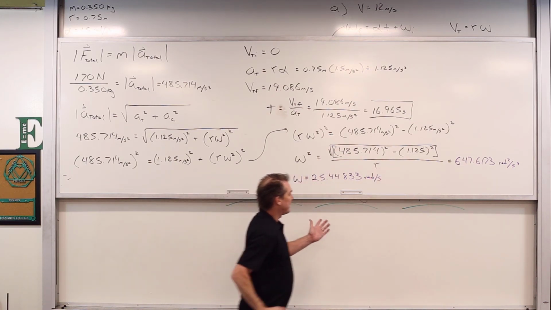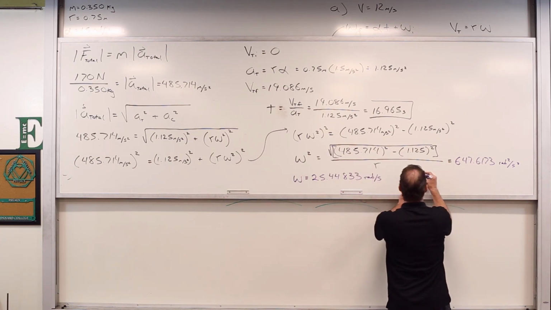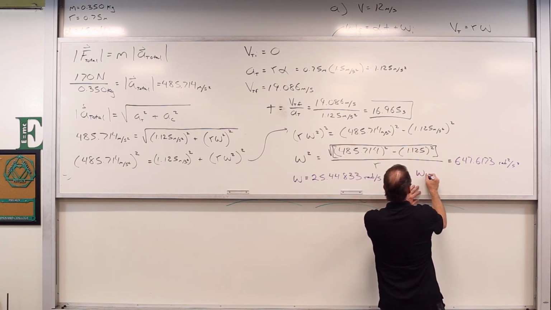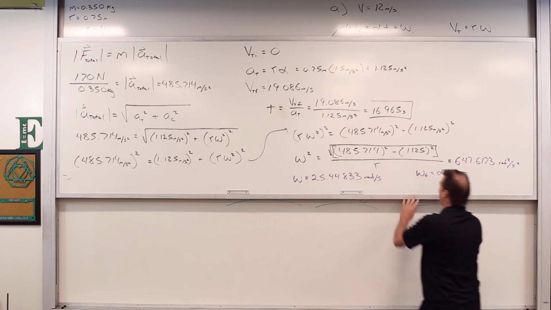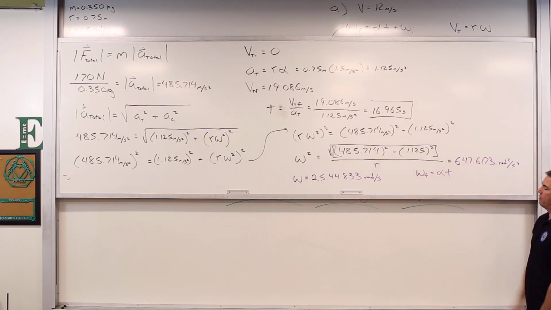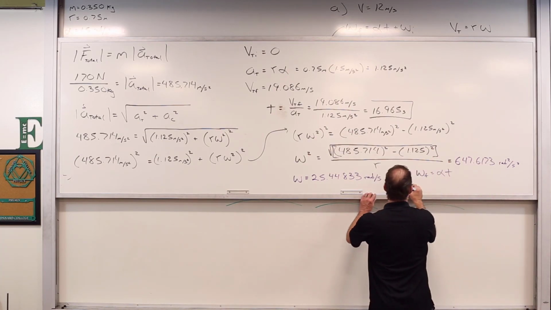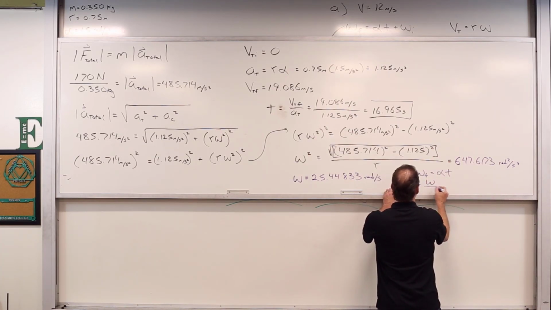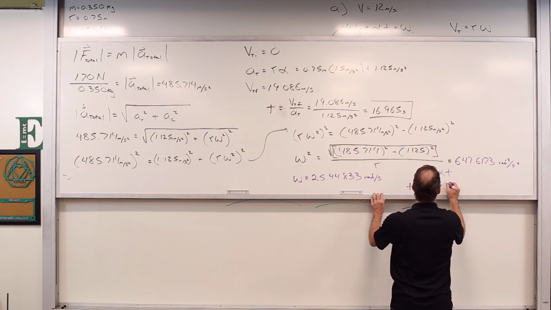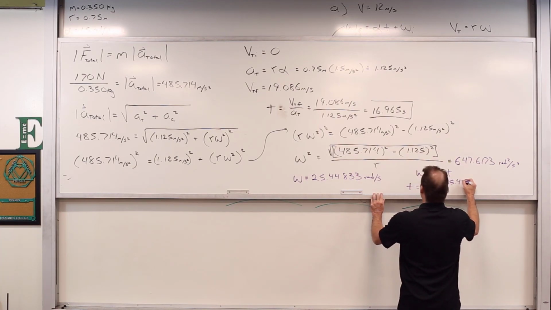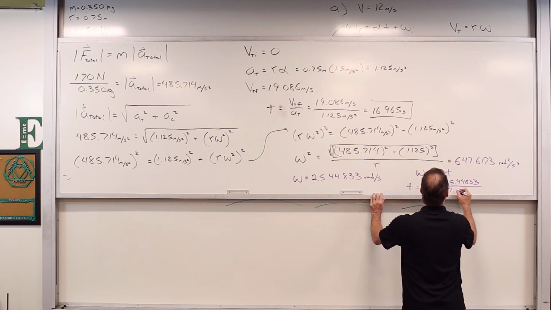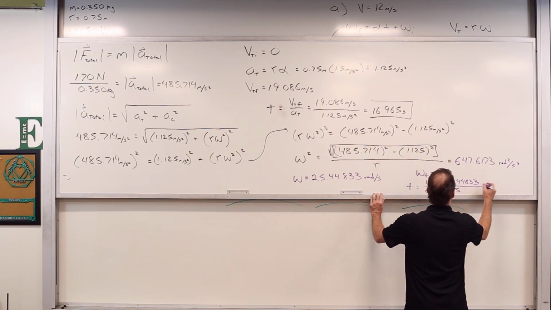And how do we get t out of this? Well, we know that omega final is equal to alpha t plus omega initial. Omega initial is equal to 0. So we can divide by alpha, giving us that t is equal to omega divided by alpha, which is 25.44833 divided by 1.5 radians per second squared.